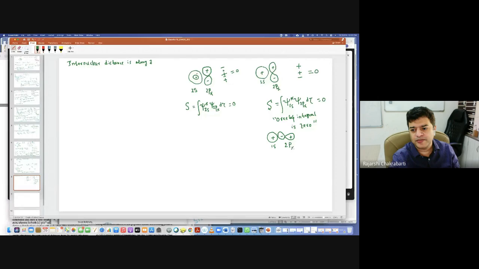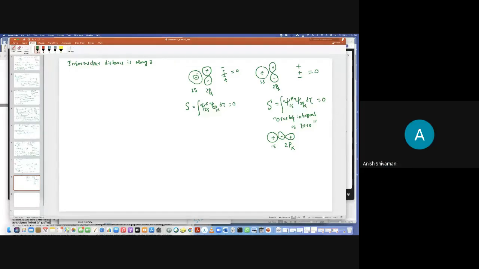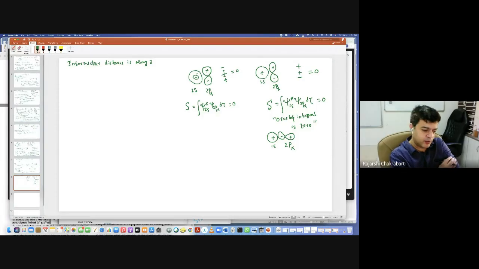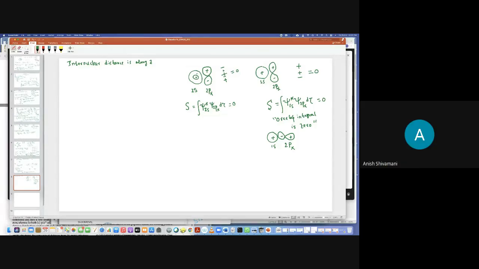This is my convention. What will the overlap integral be in this case? Is it 0 or non-zero? That's the question. Non-zero. What will be the value?